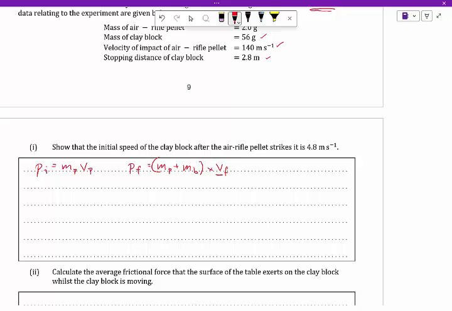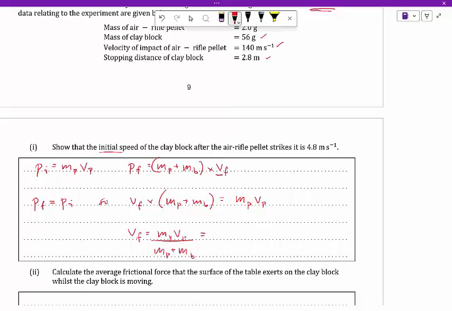Okay, and we're asked to find v final here, and because it's the initial speed after it strikes it, so no force has had time to act on it yet, so we can say Pf equals Pi. So Vf times mp plus mb is equal to mpvp. So Vf is equal to mpvp over mp plus mb.